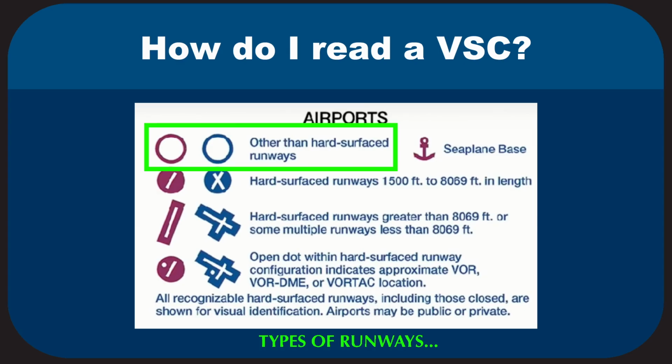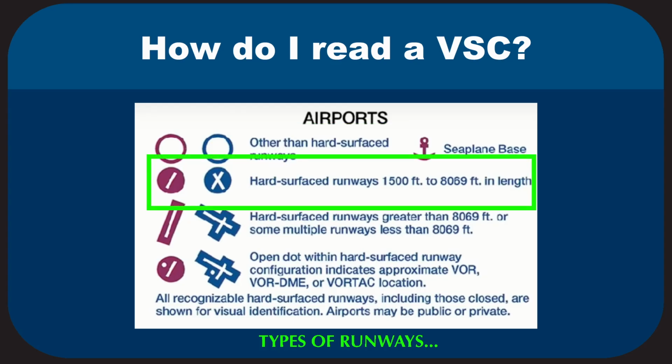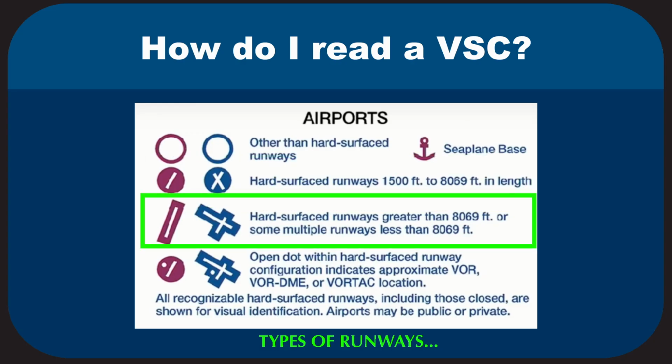On a legend, airports are usually grouped into categories which include dirt, grass, and other unpaved runways, paved or hard surface runways between 1,500 feet and 8,069 feet in length, and hard surface runways greater than 8,069 feet or multiple runways less than 8,069 feet grouped together.